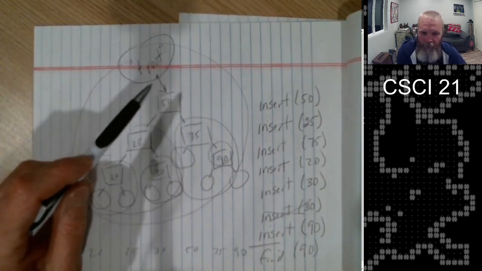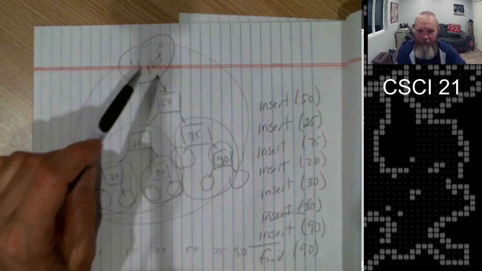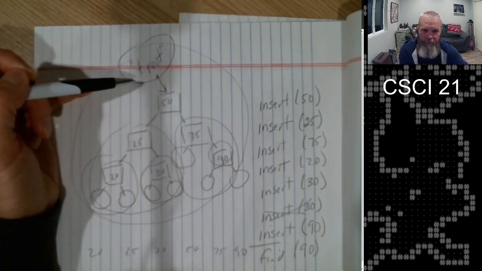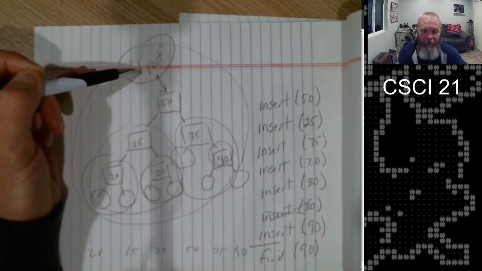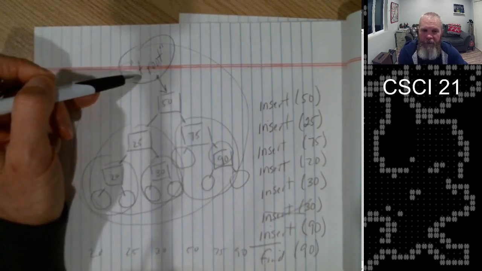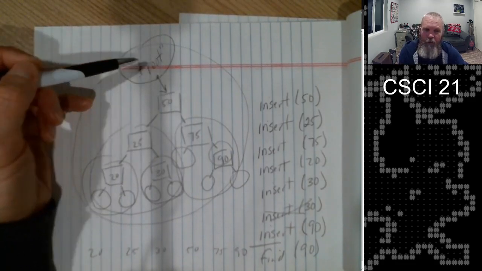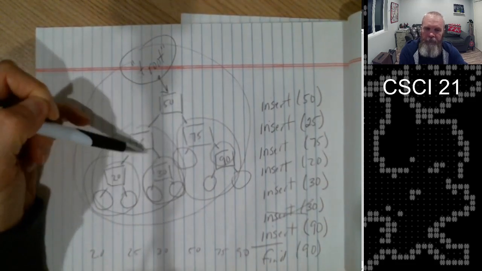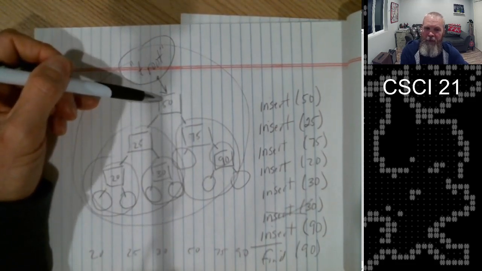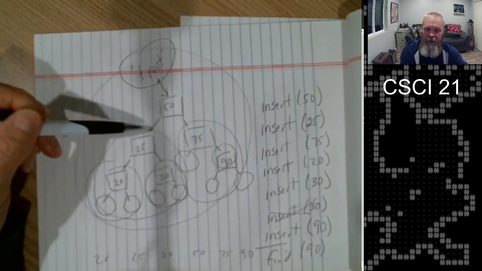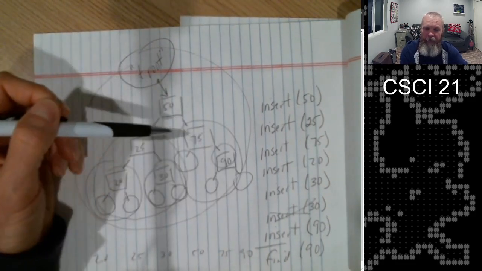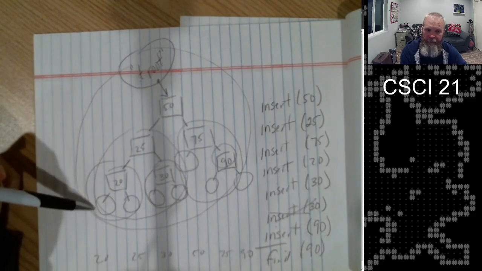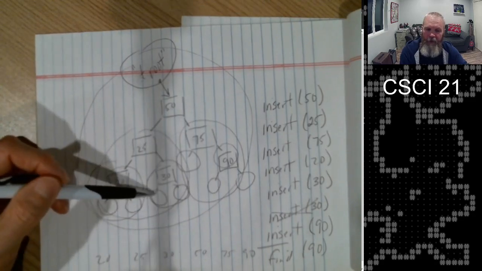So when you're implementing these algorithms in the private section of our binary search tree class, what you want to try to think of is that t-root could be any one of these trees. So t-root could be this tree, t-root could be this tree, or this tree, or this tree.